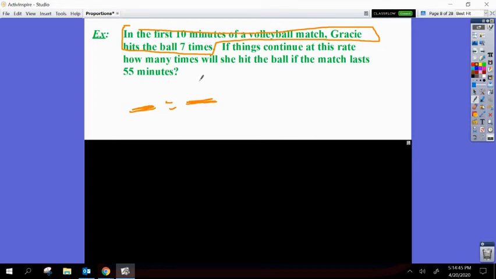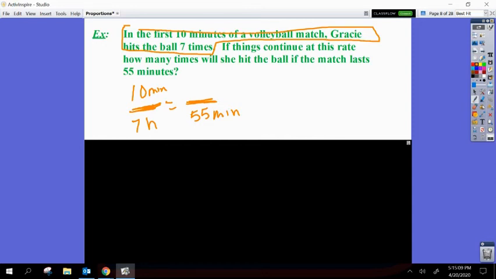For this particular example, I'm going to put the minutes on top. Now, on the last one I did it on the right side, I'm going to do it on the left side just to show you: 10, and I'm going to label minutes so I know, and then the 7 hits. Now, I have a third piece of information that's 55 minutes. If I were to put 55 minutes on the bottom, this would not work because I'm not being consistent.